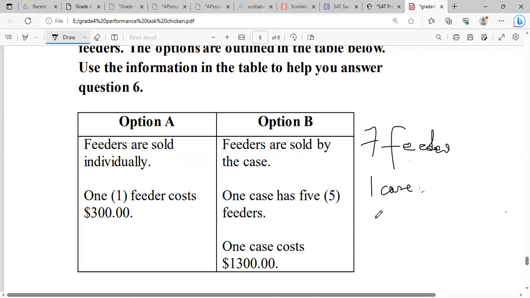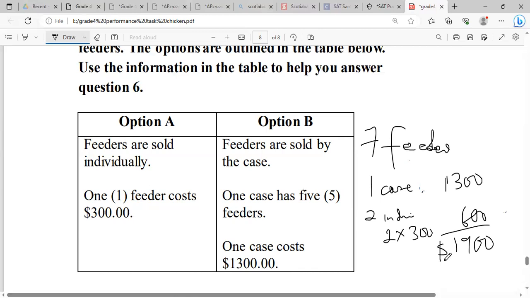So that's 2 individual from option A. So 1 case is going to cost 1,300. However, this 1 case is 5 feeders. So we have 5 here, and then we get 2, and it's 2 times 300, right? Which gives us $600. So in all, we have a total of $1,900. That's the cost you would pay for the entire thing.